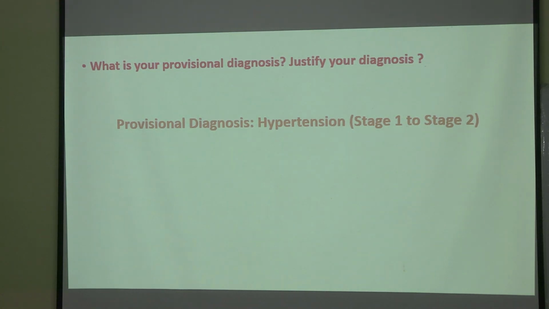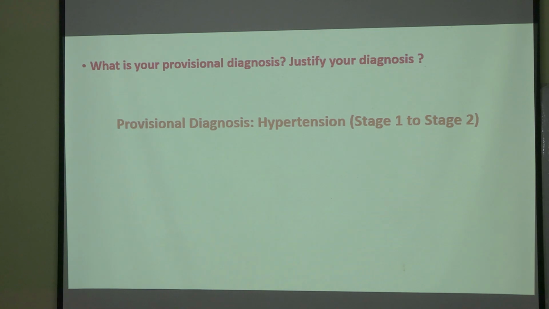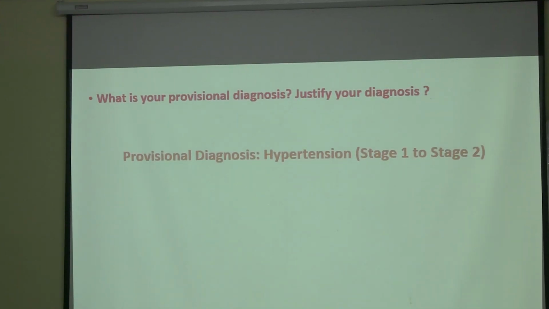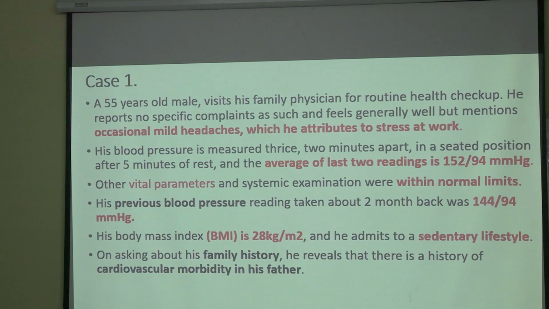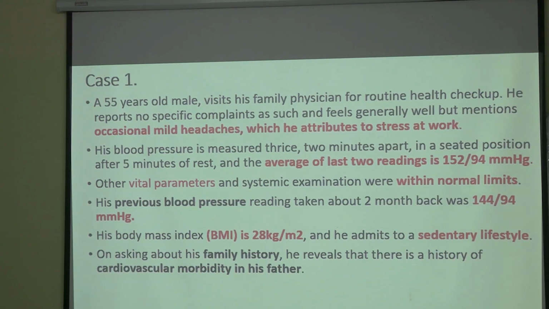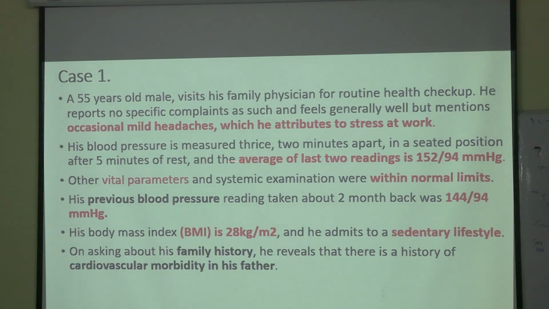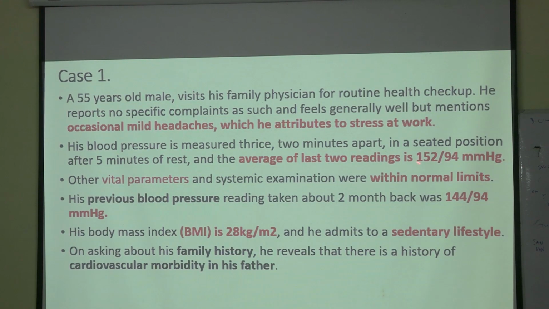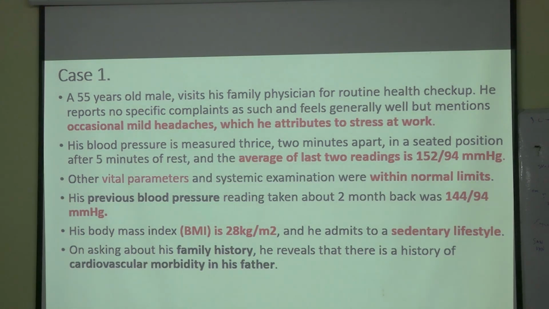First, according to the information given, what is the possible diagnosis? And if your possible diagnosis is correct, you have to justify it. As mentioned in the case, the person suffers from mild headache, attributed to stress, and the average blood pressure is around 152 by 94 millimeter mercury.